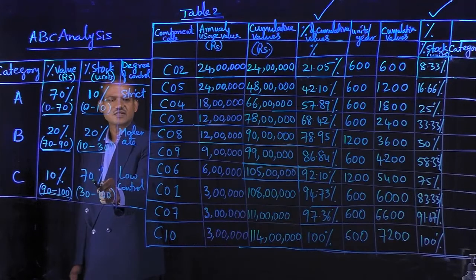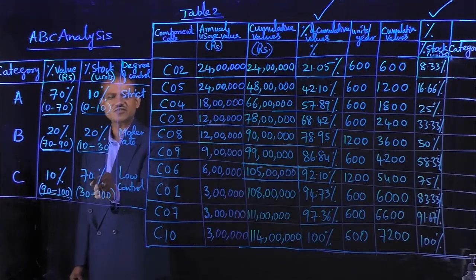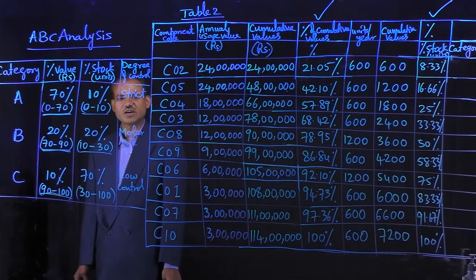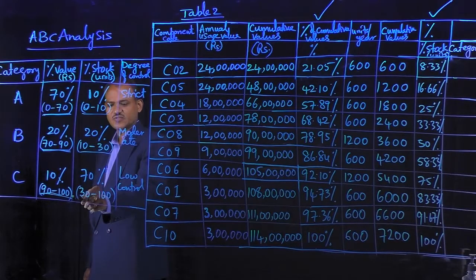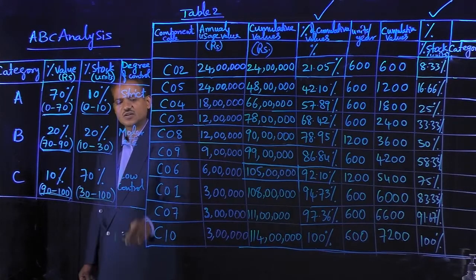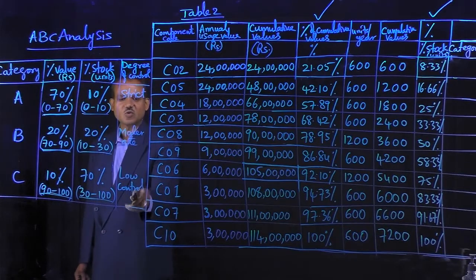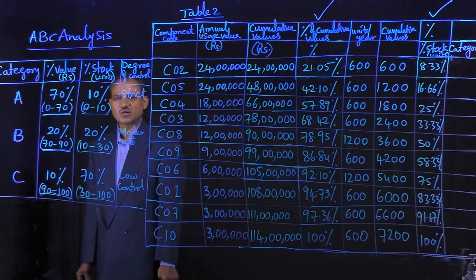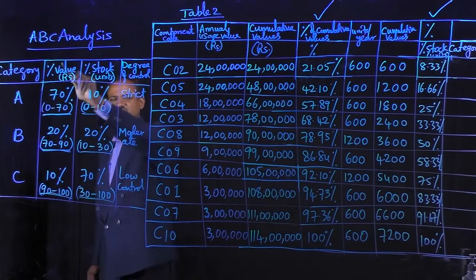Similarly for stock value, we maintain huge stocks of C category items because their price is very low. Therefore, this range is 30 to 100. C class items require low control. Strict, moderate and low control. Remember this table.